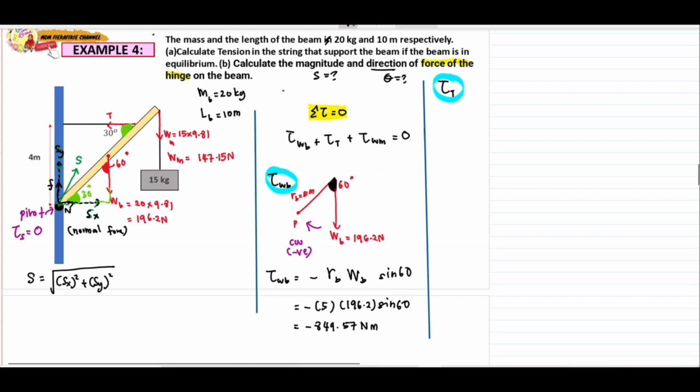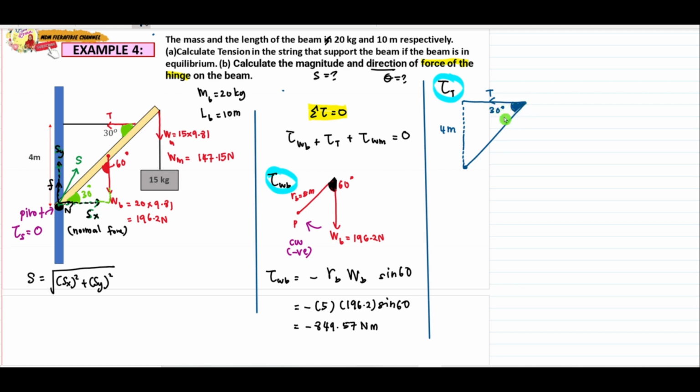Jadi untuk tidak mengelirukan awak, kita lukislah dulu kita punya triangle. Okay, so ini kita punya pivot. Okay, so this is T, tension. Kan? So kat sini soalan dah bagi 4 meter.